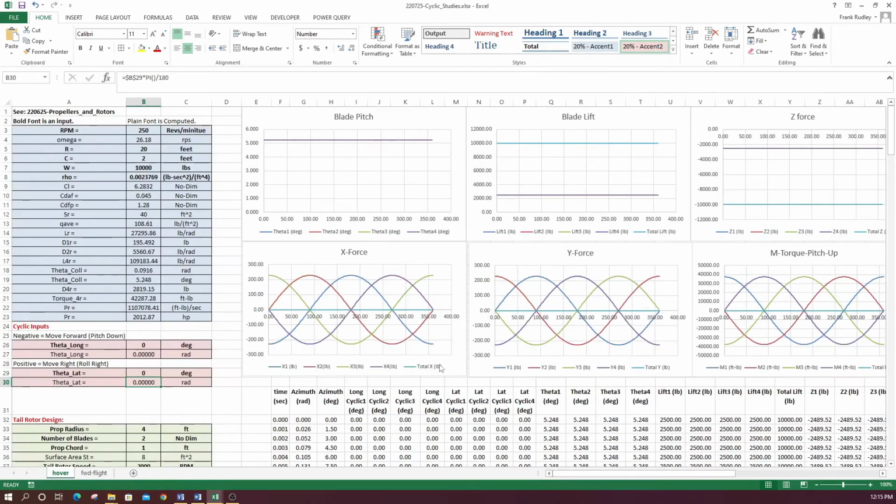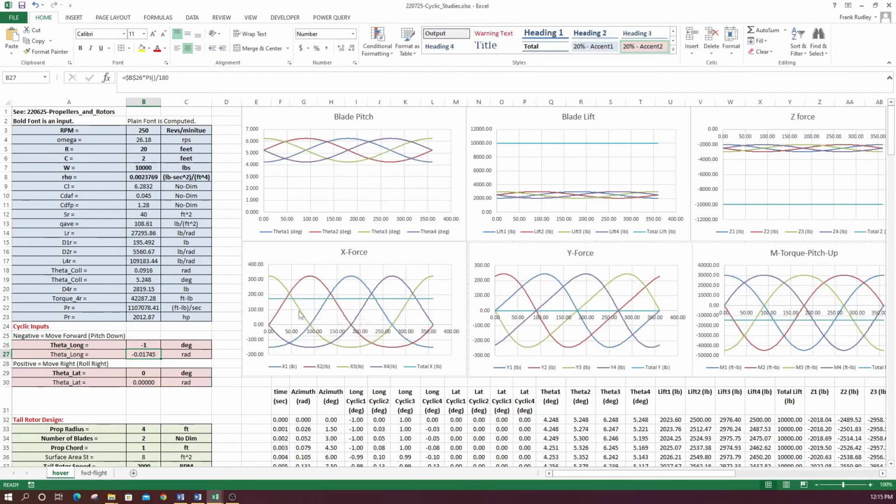The other things I have here are the X-force and the Y-force. These all cancel out to zero, like the total zero over here, and the total zero for the Y-force. So if I put in -1 again, let's look at the Y-force here. I'll put -1 in here. You can see now it goes to some constant, 174 pounds.